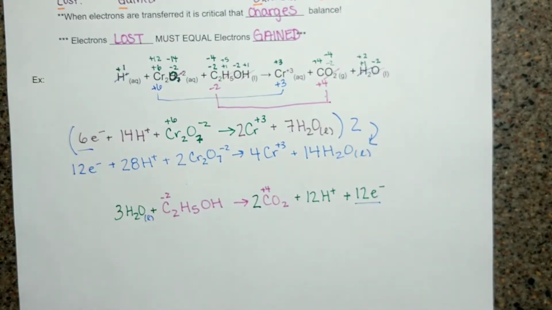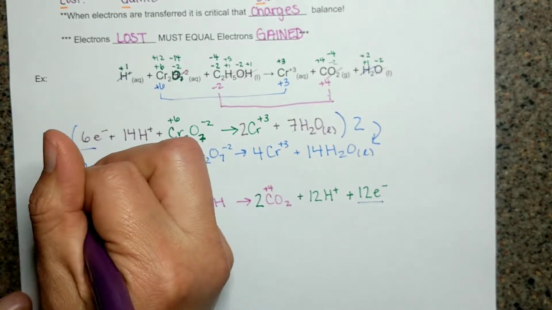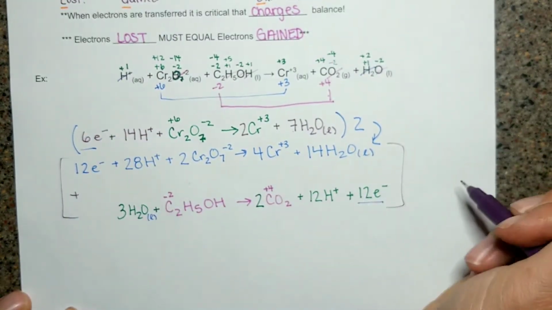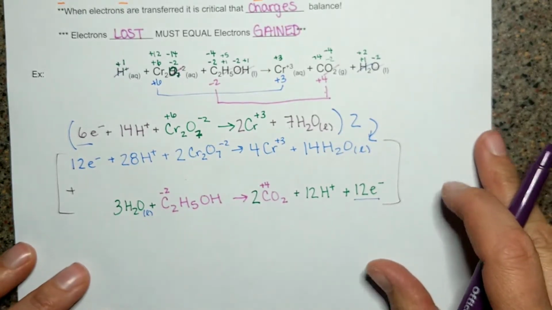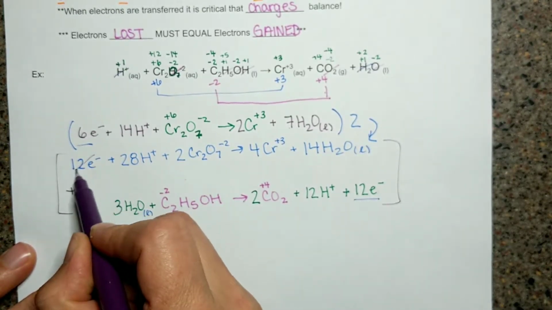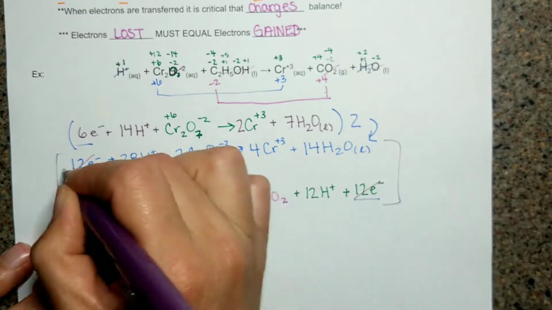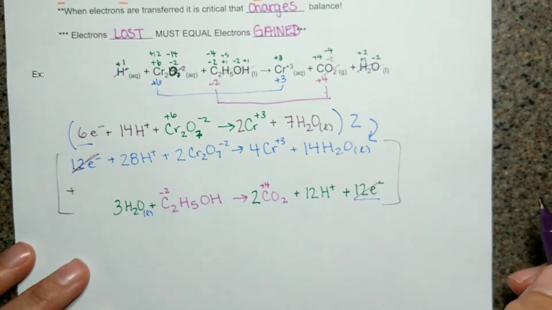Now I'm going to add my two reactions together, crossing off the things that cancel out on either side. So notice that I have 12 electrons on the left with 12 electrons on the right, so those cancel out.